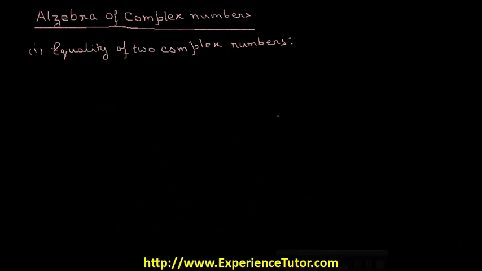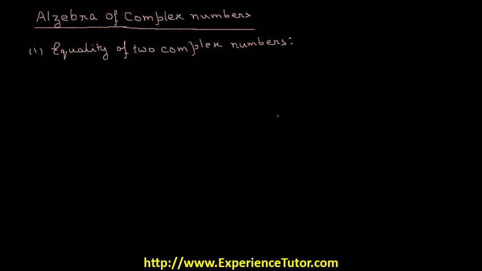Now we'll study about algebra of complex numbers. First, equality of two complex numbers. Two given complex numbers z1 equal to x1 plus i y1 and z2 equal to x2 plus i y2 are said to be equal if respective real and imaginary parts are equal.